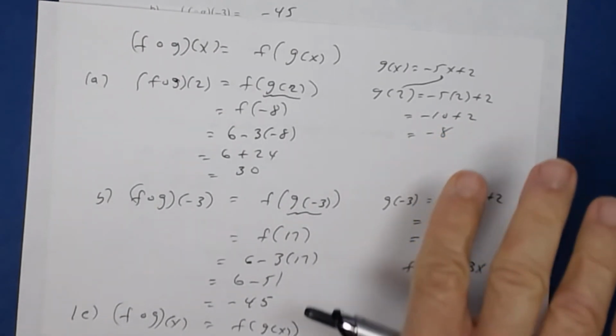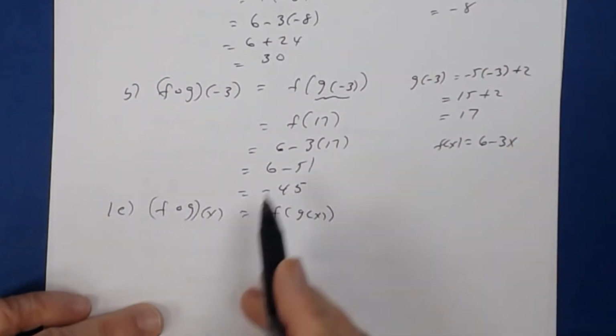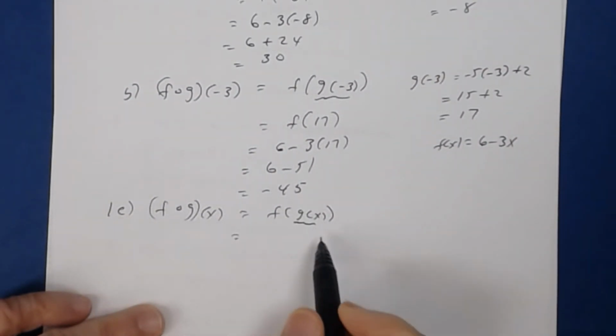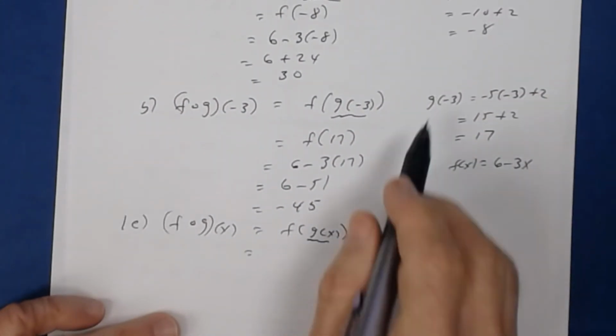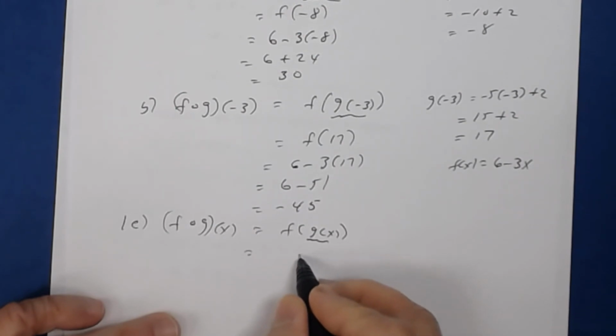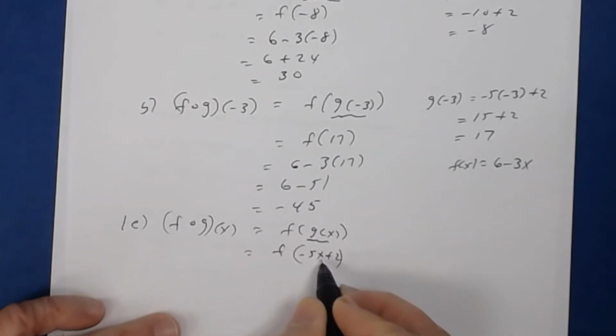I don't have to do that anymore because I'm not evaluating a numerical value. So I'm just going to do this approach. I know g of x is this function right here. So g of x equals negative 5x plus 2, right? But I've got to put that into function f. So that becomes f of this.